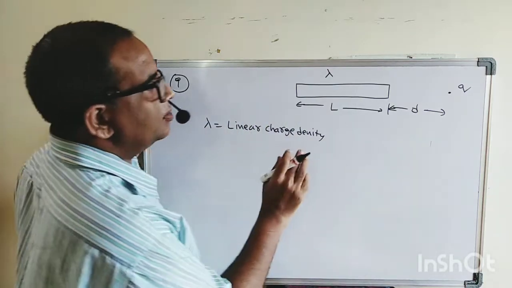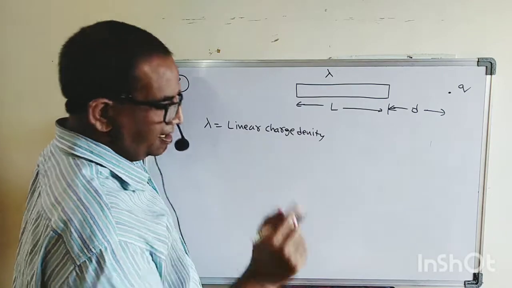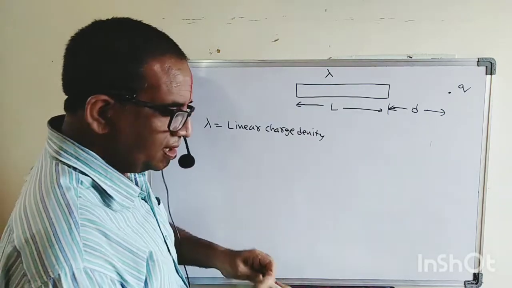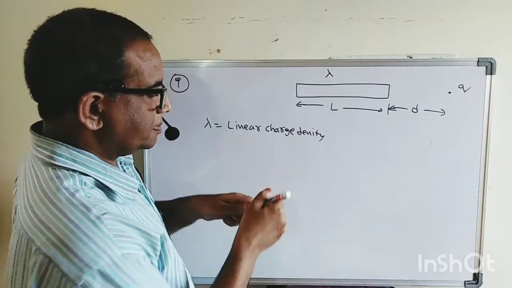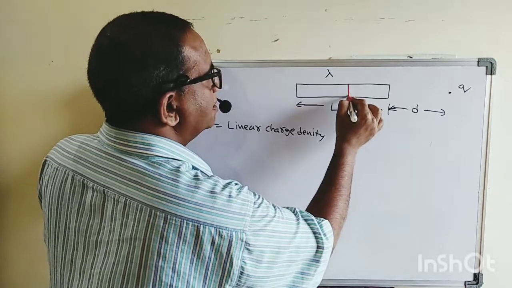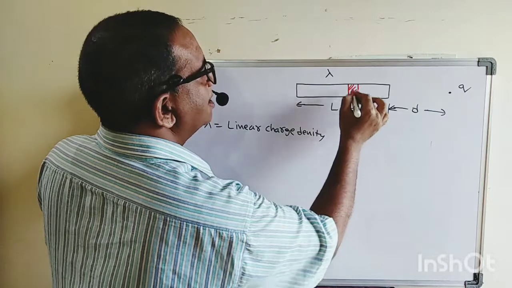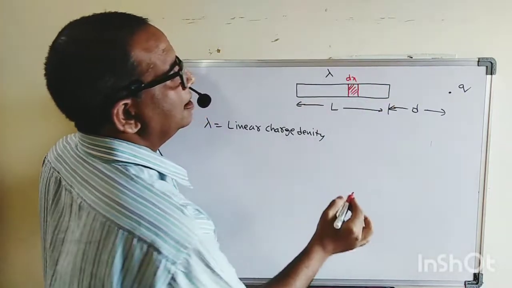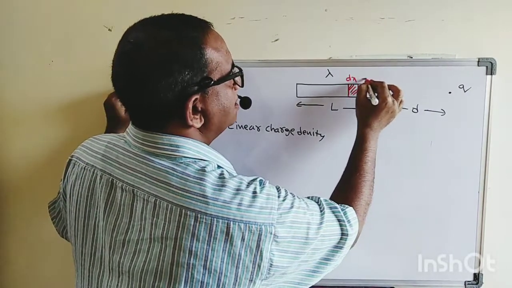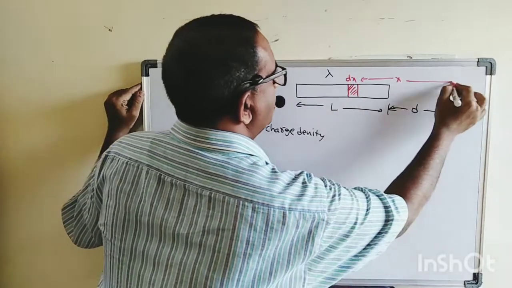Then see how we can do this sum. Let us consider a small strip here, and let us say the length of this strip is dx. This length dx is at a distance x from the point charge.